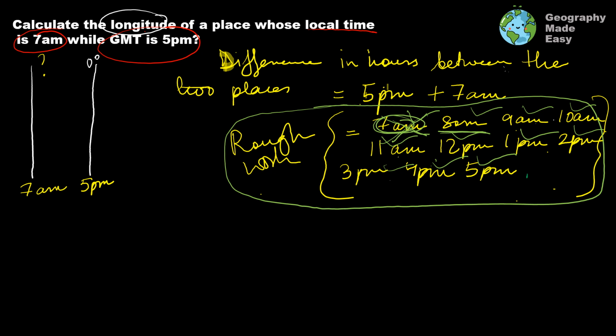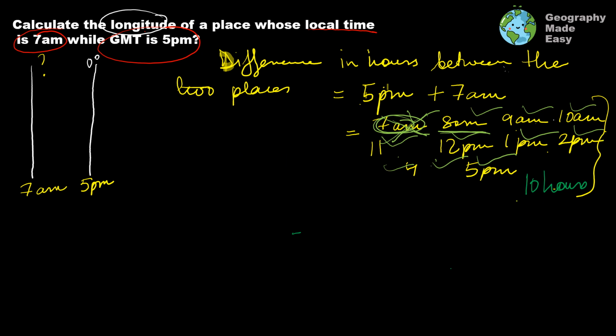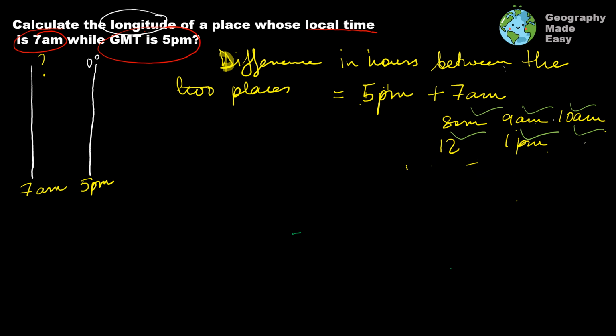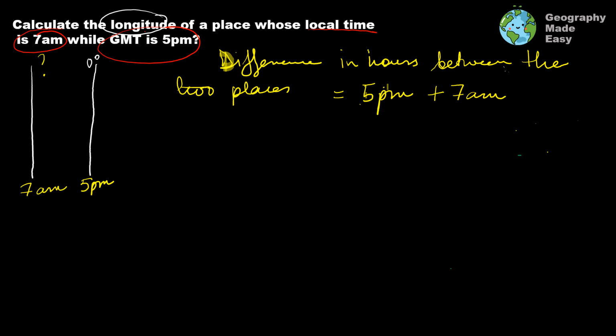In total we have 10 hours. I am removing this because it will create a mess in my working space. You can write this in your rough work. So the time difference is 10 hours.